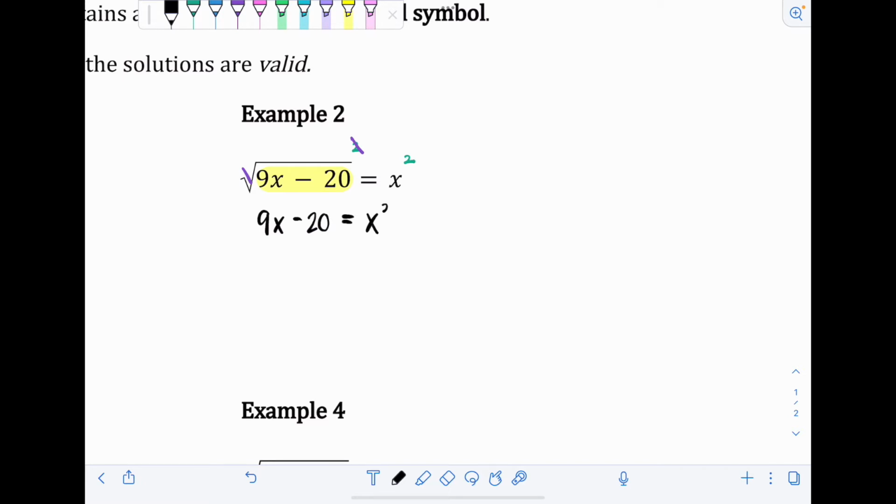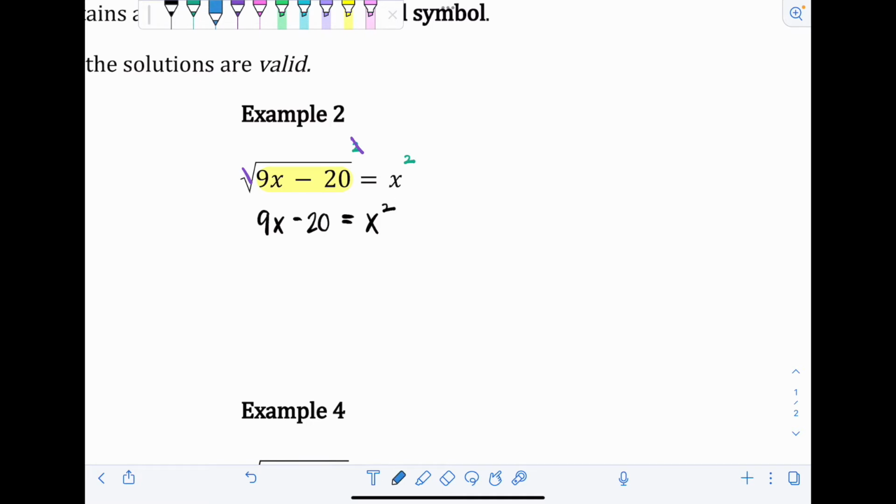equals x squared. Now that I've squared both sides and I have an x squared term, I have a quadratic. If I have a quadratic, I need to solve it by putting it in standard form first. That means everything is on one side of the equal sign. You can subtract the x squared over, but I like to keep that term positive. If you subtracted it over, you would need to divide the equation by 1.